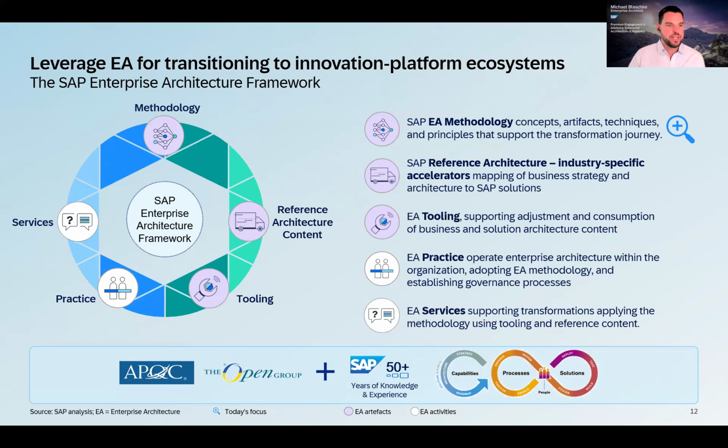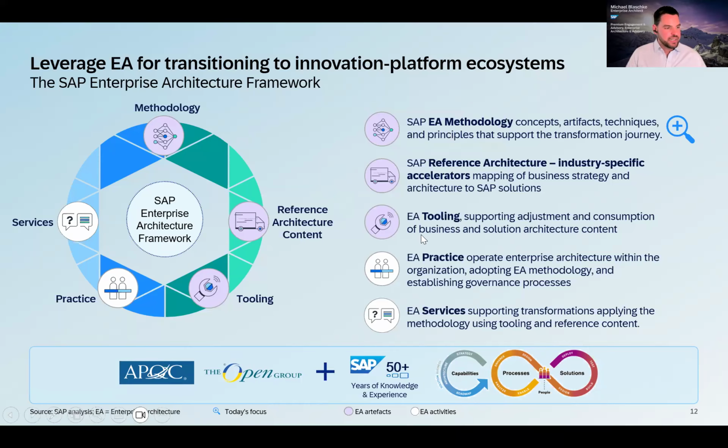So on a highest level, you recognize the 2 sets of dimensions here. One is the actual EA artifacts: a methodology, reference architecture, content, and tooling. So these are the means of EA work, if you will.